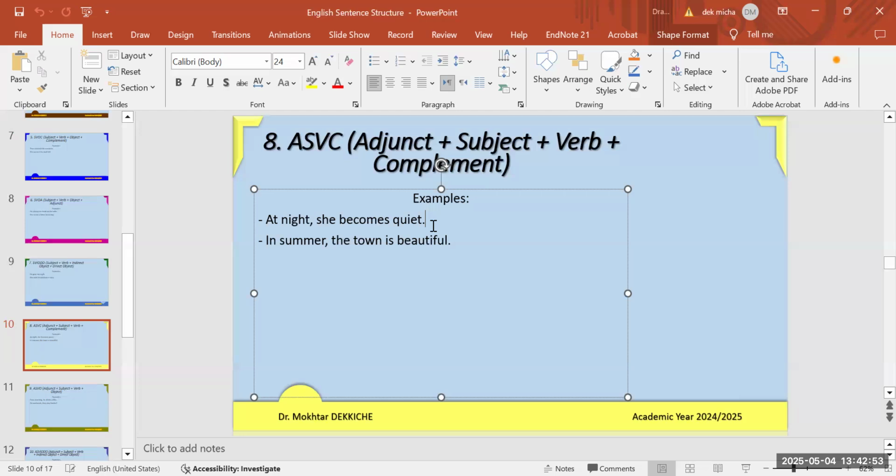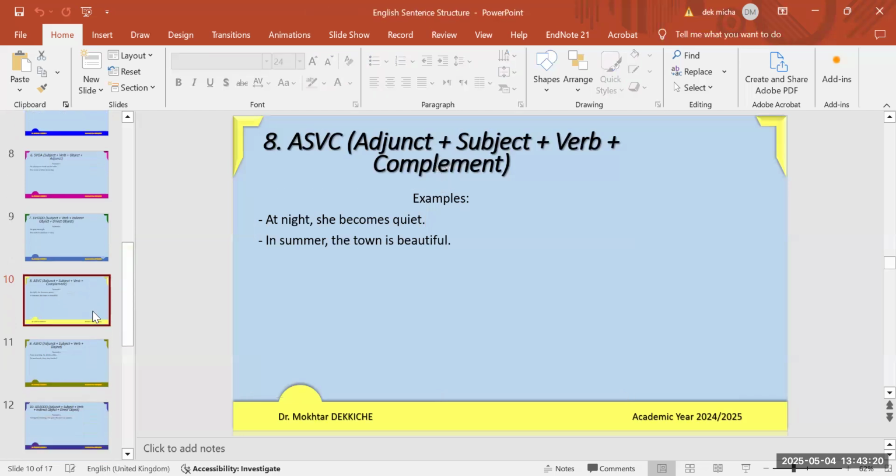In the same way in the second sentence, we can say the town is beautiful in summer, but when we want to put more precision or more focus on the season that the town became beautiful, we put the adjunct at the beginning. It's okay.